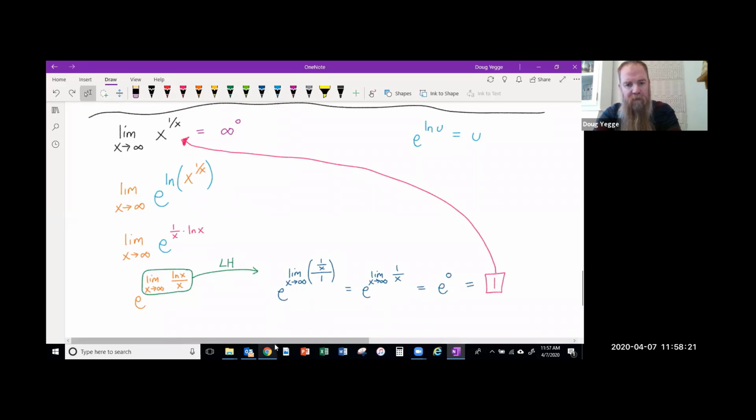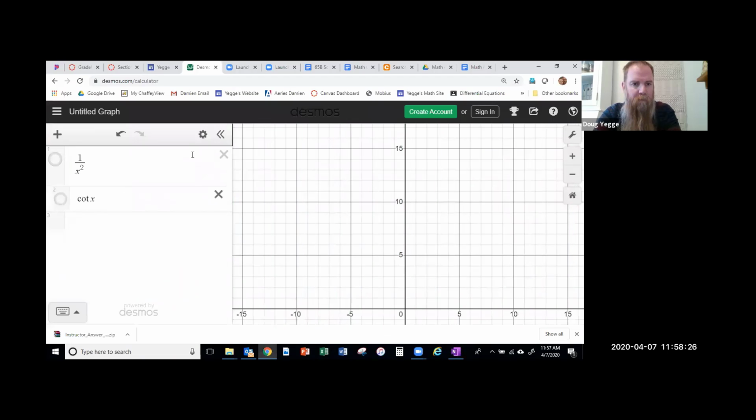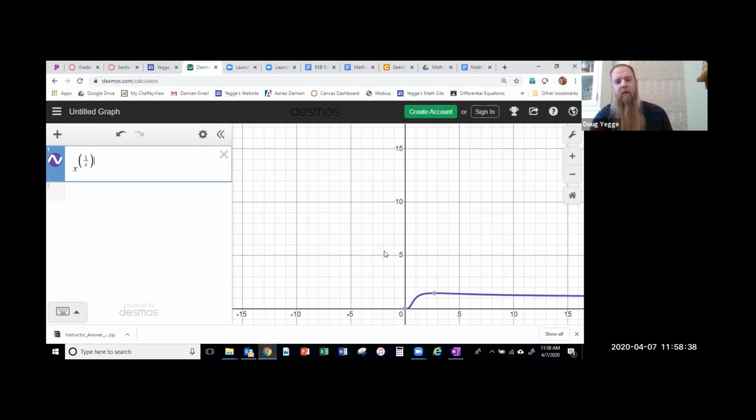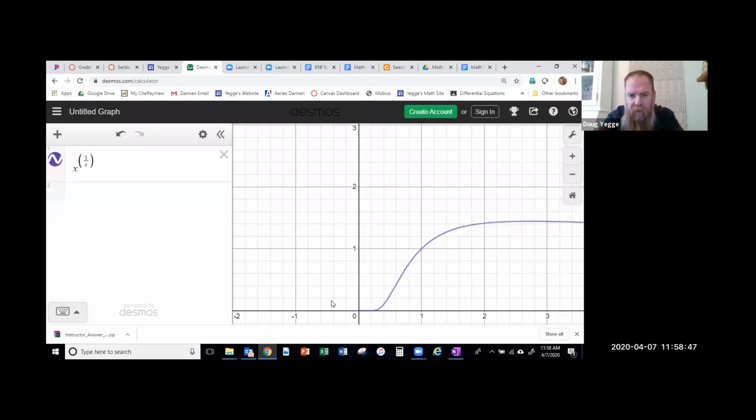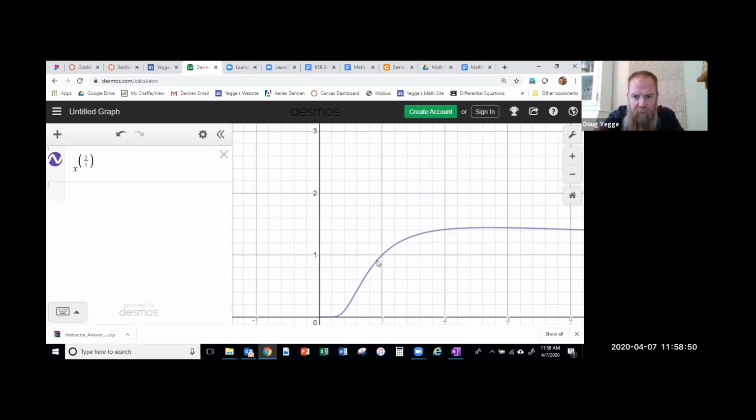I would like to take a look at this graph. It was x to the power of 1 over x. If you take a look at this function, it appears that it increases for a little bit, and then it comes up over 1, and it gets up to about 1.4 or so, a little bit above.